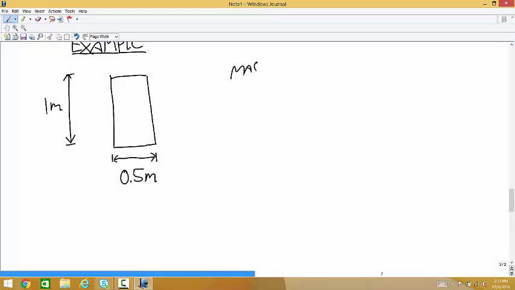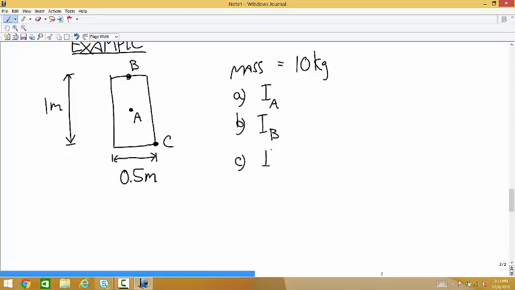And the mass is 10 kilograms. And let's calculate the moment of inertia about A in the center, B at the end, and C at the corner. So the moment of inertia about A, moment of inertia about B, and about C.